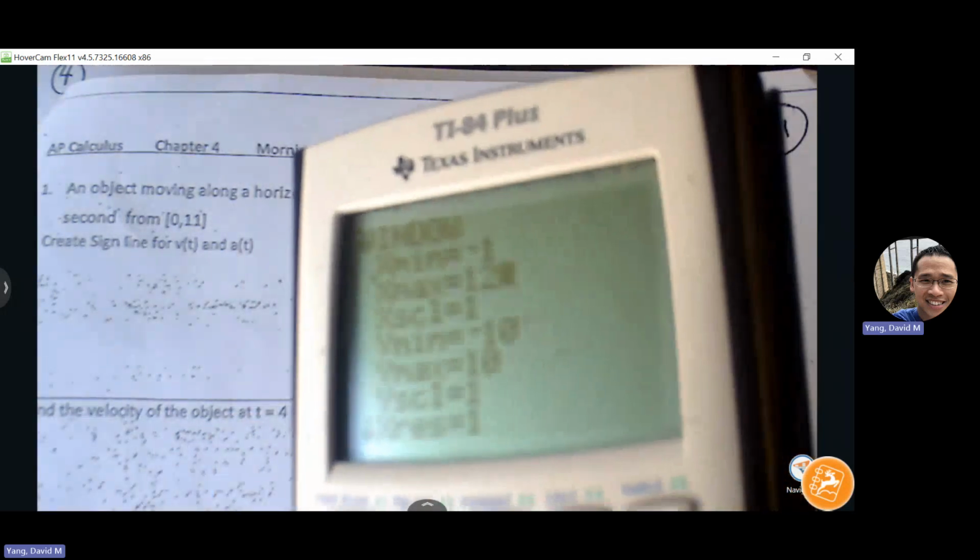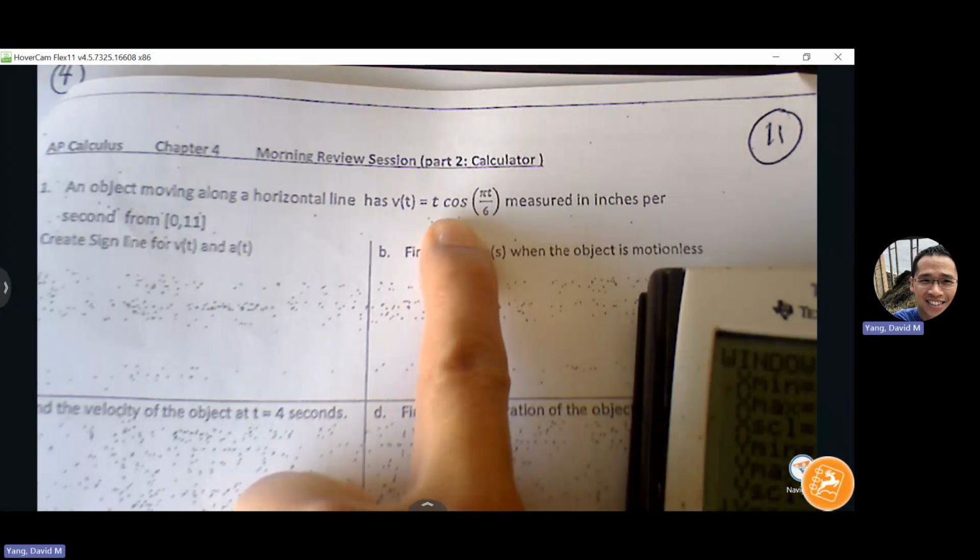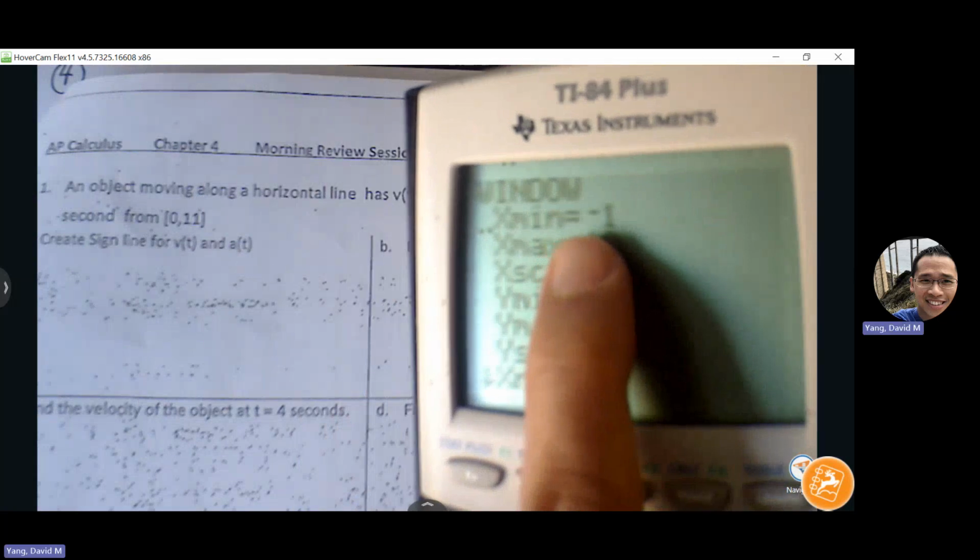What do you do? Go to y equals and type in x cosine of x pi over 6. Did it say invalid dimension? Okay, make sure your x min is lower than your x max.